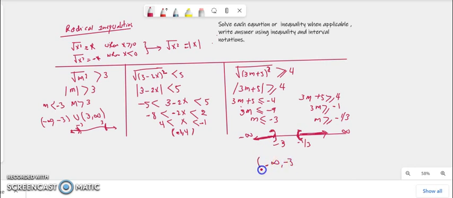The negative infinity is open, so we put parentheses, and negative 3 is closed, so I'm going to put a bracket here. Union, from negative 1/3, that's included, so we put a bracket here, and infinity, and that's a parenthesis because it's open. There you have it. That's the answer.